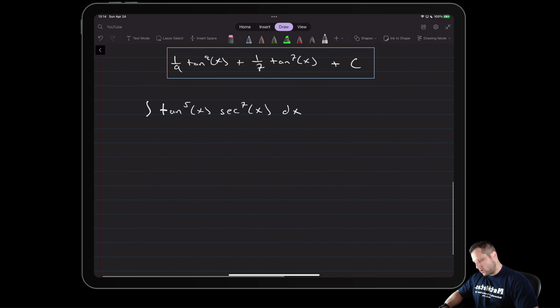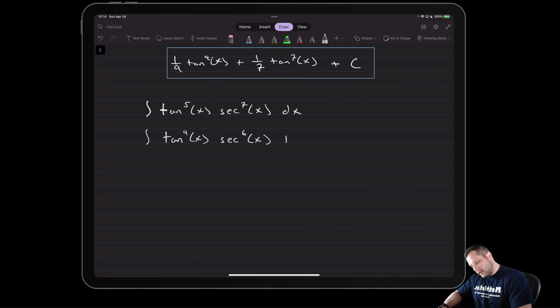So with that, I am going to pull out a factor of each. So this becomes tangent to the 4th of x, secant to the 6th of x, and then tangent x, secant x dx.